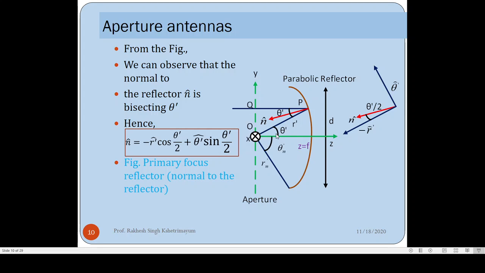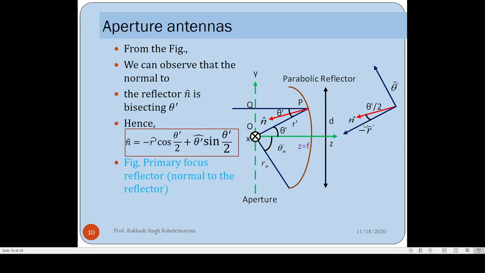Again, this PQ also has angle theta dash with the r dash here. Now looking at this diagram, this normal is actually bisecting this theta dash.